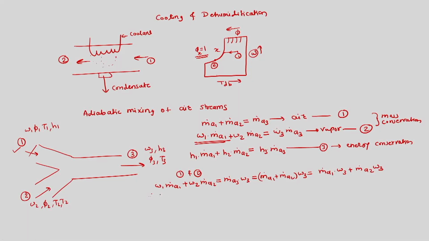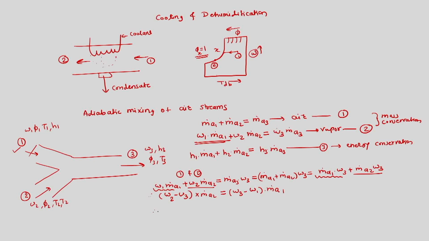So we have omega 1 minus omega 3 into m dot A1, omega 2 minus omega 3 into m dot A2 is equal to omega 3 minus omega 1 into m dot A1.